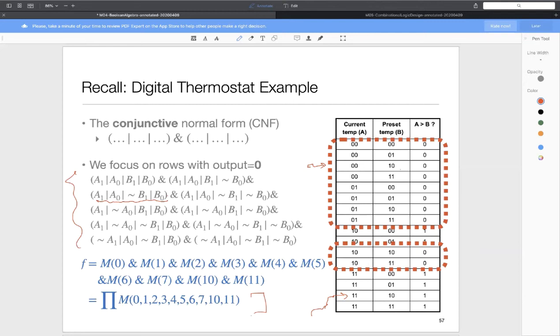Yeah, go ahead, please. So the output of a CNF should always be 0, and the output of a DNF should always be 1. Is that how it is? Output of CNF would be whatever the output of the function is. Remember, CNF is giving you an expression which is exactly equivalent to the function.